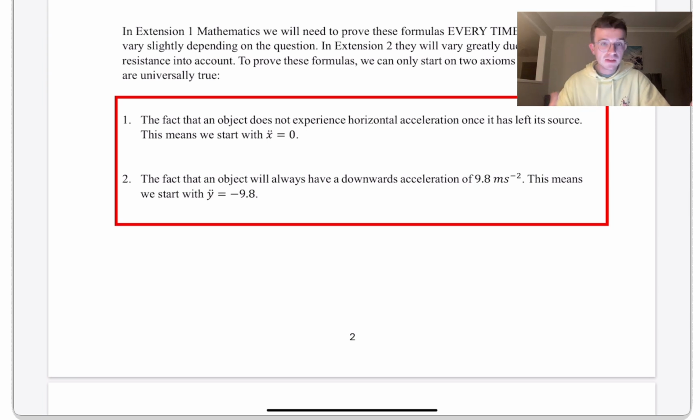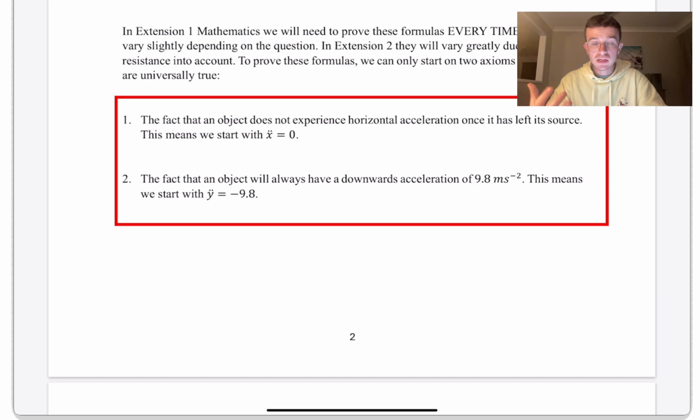Number 1 is the fact that an object does not experience horizontal acceleration once it's left its source. So once I've fired the projectile, once I've kicked it or hit it, it no longer is accelerating. It has a 0 horizontal acceleration, and that's because a projectile is not a rocket, it's not a plane, it doesn't have an engine, and there's nothing that's propelling it forward.